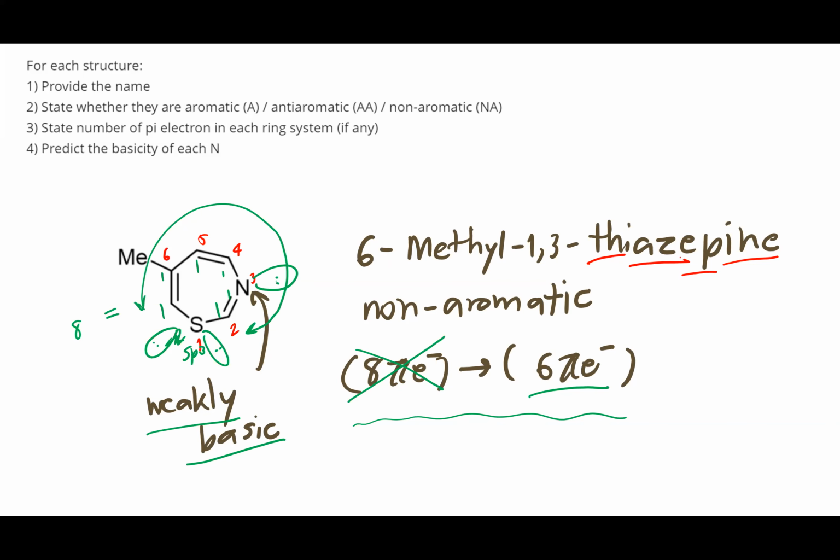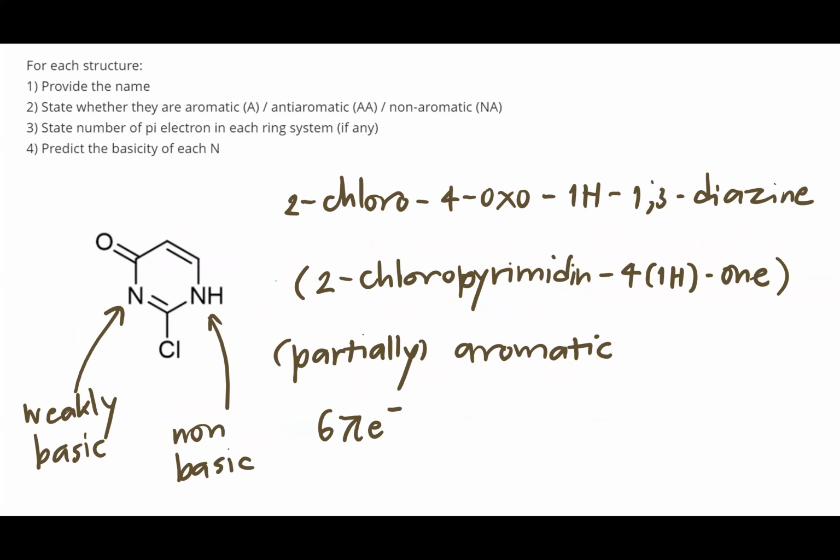Okay, any question? Last compound, this one. I'm not 100% sure that I'm right about the naming. It's pyrimidone, right? Pyrimidine is the six-membered ring with 2 nitrogens, and pyrimidone is the one with the carbonyl group, and it's 4 because it's 1 2 3 4 for pyrimidone.